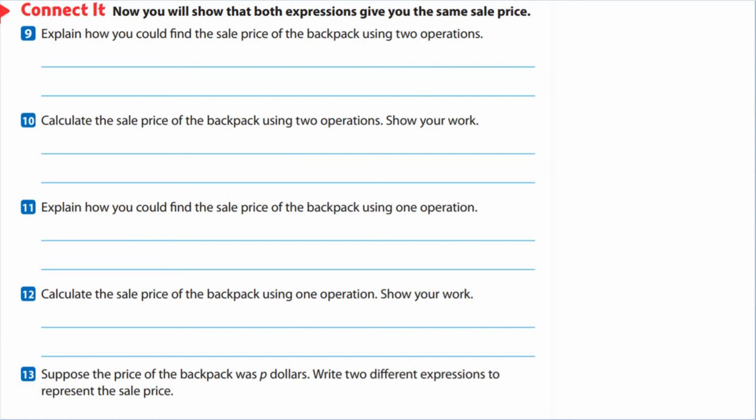Explain how you could find the sale price of the backpack using 1 operation. Question 12. Calculate the sale price of the backpack using 1 operation. Please show your work. Question 13. Suppose the price of the backpack was $P. Write 2 different expressions to represent the sale price. I would pause this video right now, solve all 5 questions, and then unpause it to check your work to see if you're on track, on task with this.